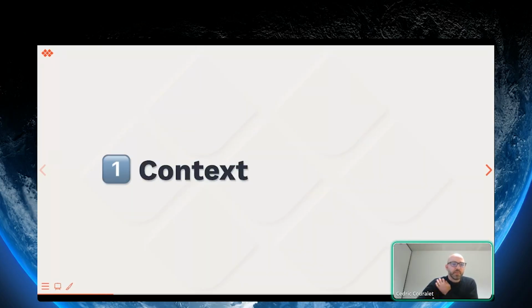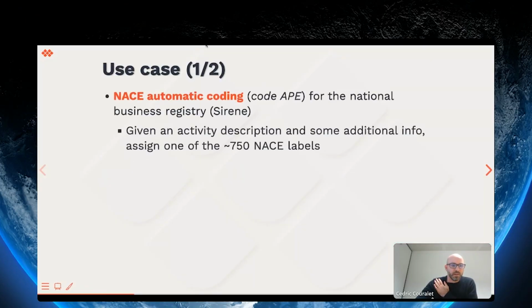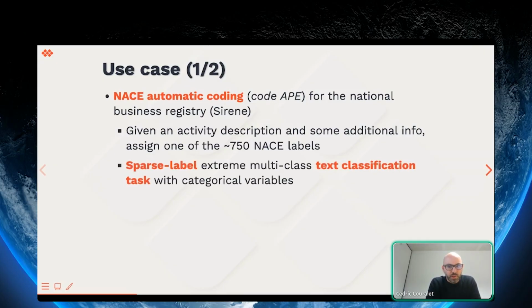Our main use case is automatic NACE coding. In French, we say code APE for the National Business Registry, Siren for us.